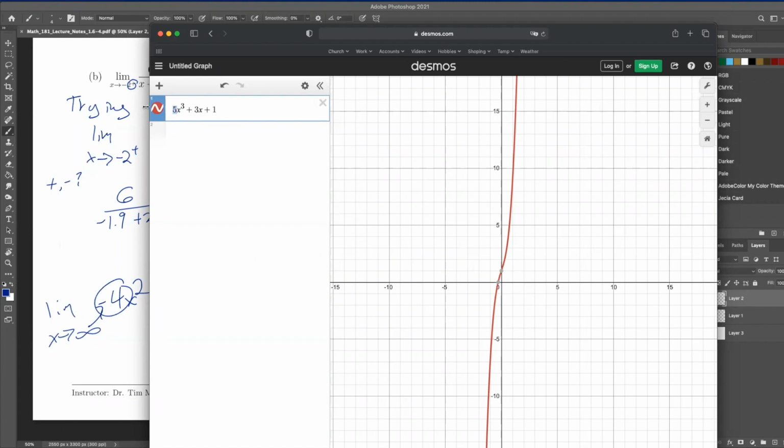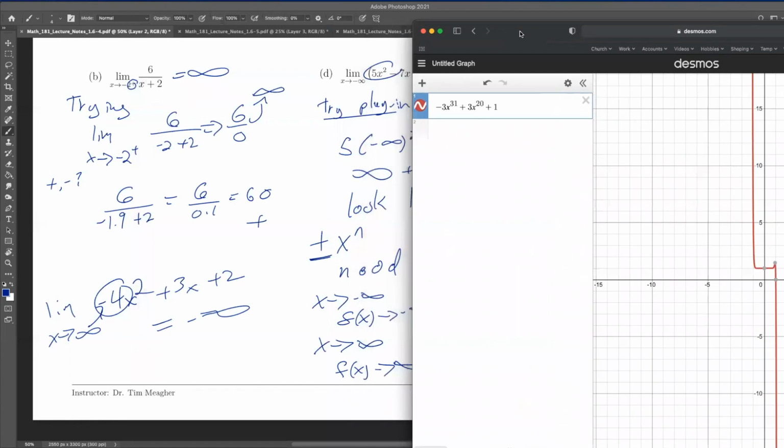If I swap the sign, it's the opposite. No matter how big the power is, it still follows the same behavior. All right, that's enough on that one.